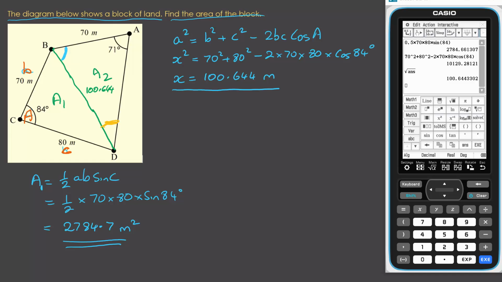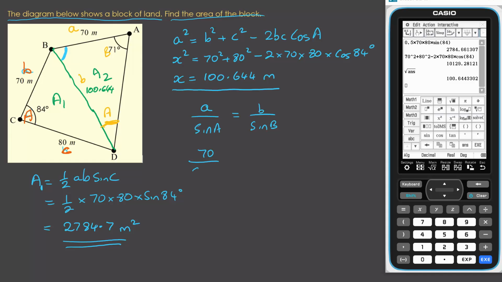So if I were to call this A, this would be A, and then I can use B and B. So we know that A over sine A is equal to B over sine B. Substitute in what we know.